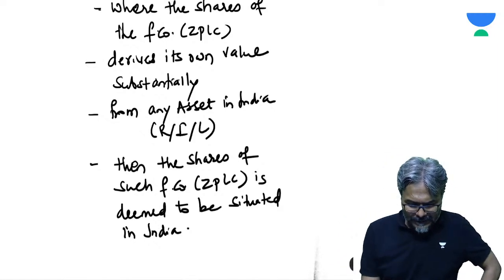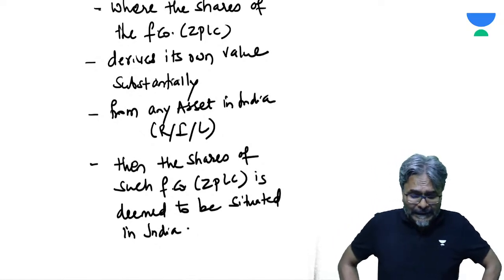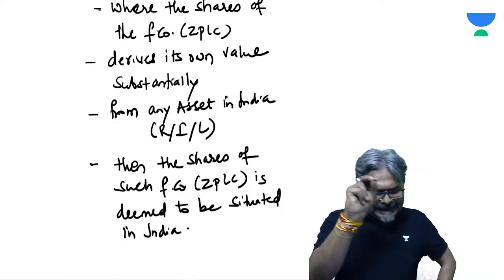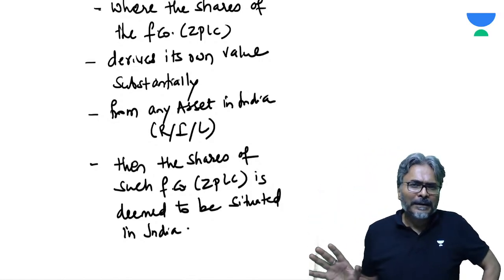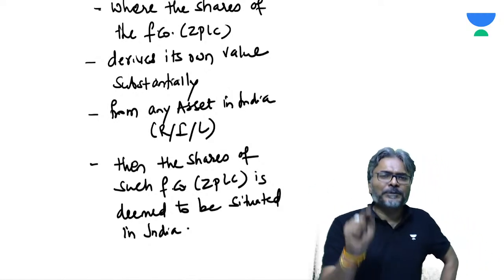So in this context, students, where the shares of the foreign company derive their value substantially from any asset in India, which is RIL, then the shares of such foreign company are deemed to be situated in India.